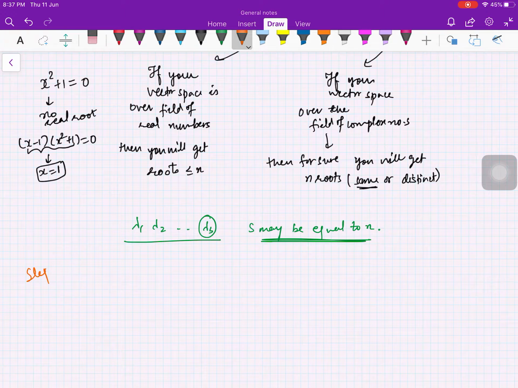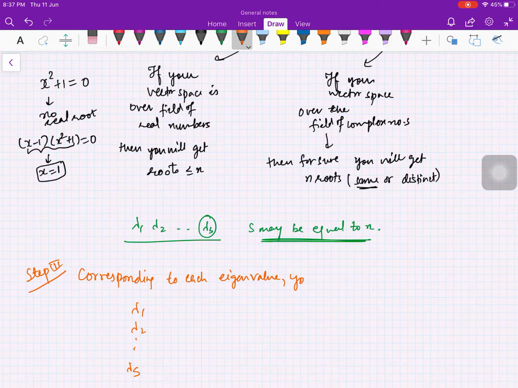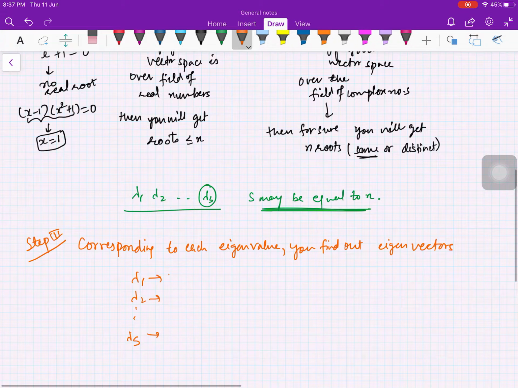Now step 3 is, corresponding to each eigenvalue lambda 1, lambda 2, up to lambda s, you find the eigenvectors. We will prove later on that corresponding to different eigenvalues you will get linearly independent eigenvectors, but let us forget that.